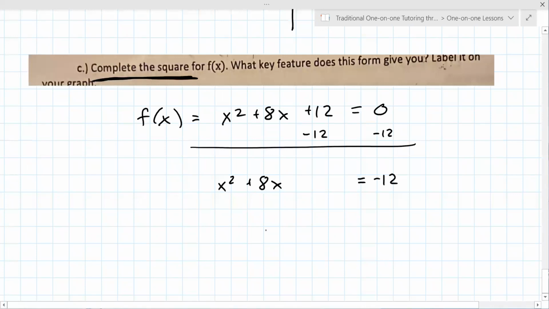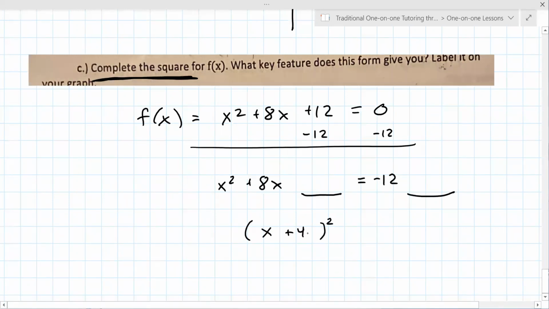So the number that goes here is half of this number. Plus 4 squared equals 16, and then I have to square it again, right?